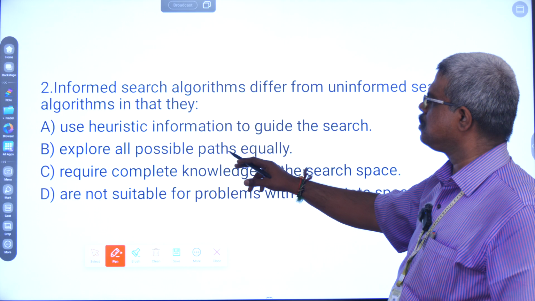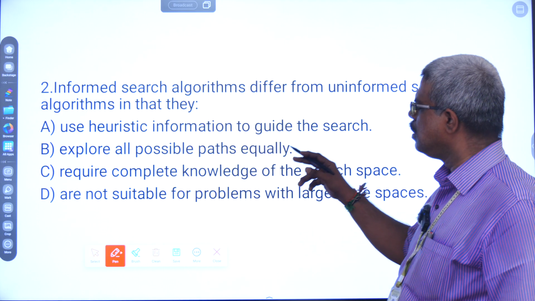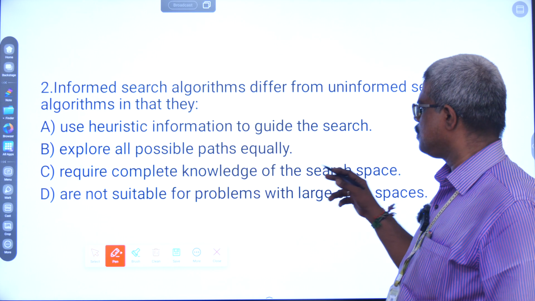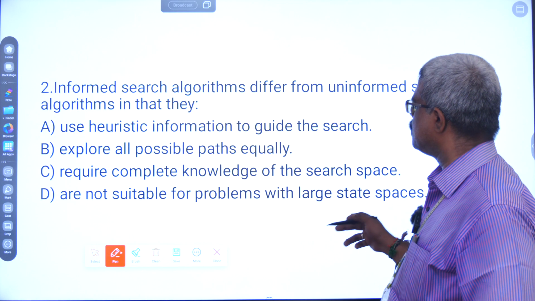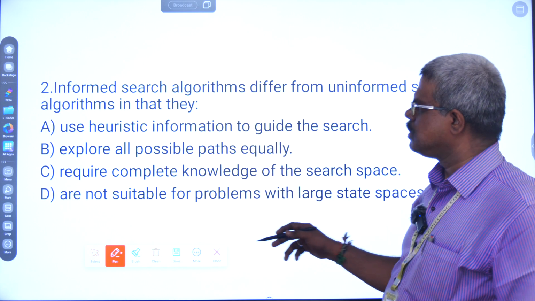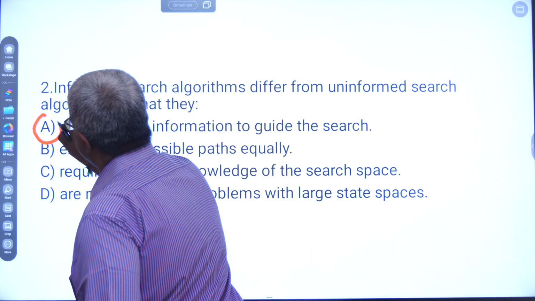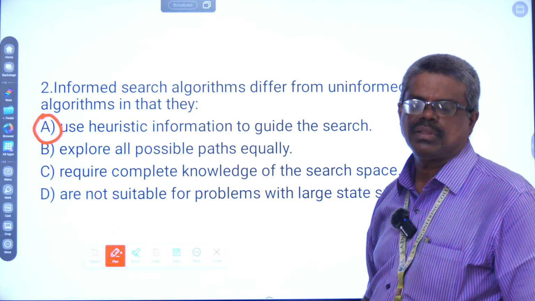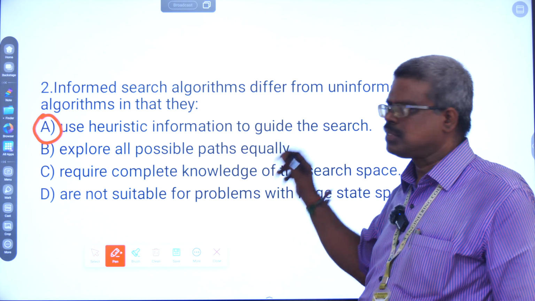The first option is use heuristic information to guide the search; the others are explore all the possible paths equally, require complete knowledge of the search, and are not suitable for problems logically. So in this case, the option is the first one, use heuristic information to guide the search. The major difference between the two is that you have to use a heuristic function h(n) that will be used to find the optimal solution or to guide the search.